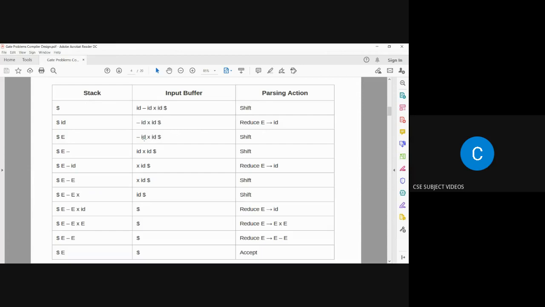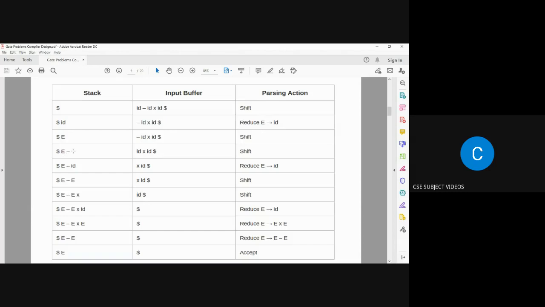So we have to shift the next input symbol to the top of the stack. Again we are doing a shift operation, and then minus is shifted to the top of the stack, and the remaining input symbols are id into id dollar. E minus is on the top of the stack.